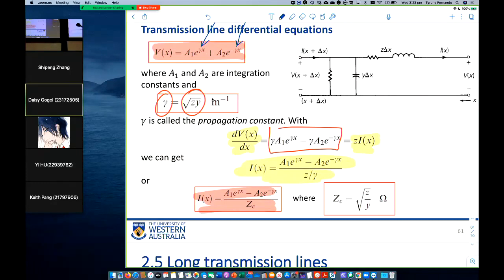What is the current? Those are the initial conditions. If you know them, we can determine A1 and A2, because remember, V is related to the current I. So it's V0 and I0. So we have expressions for Vx and Ix.